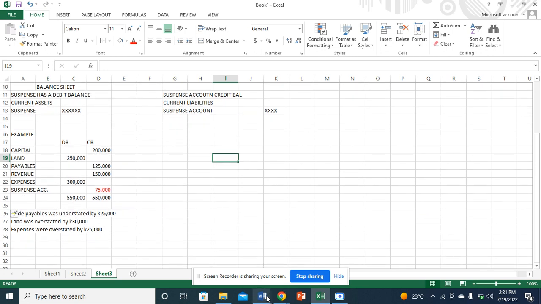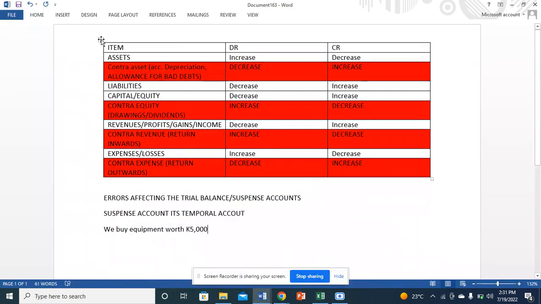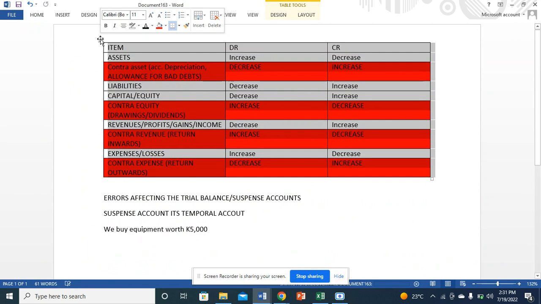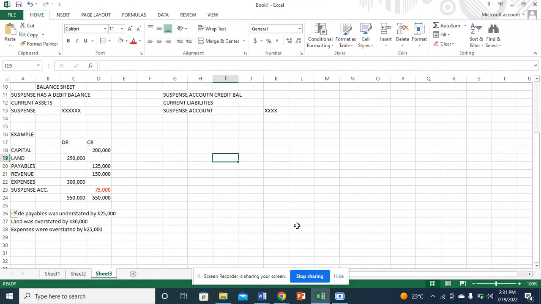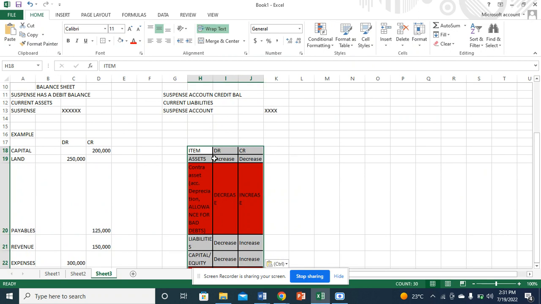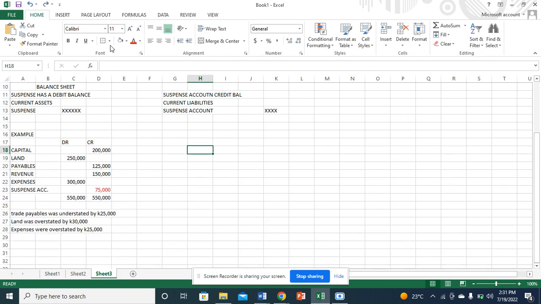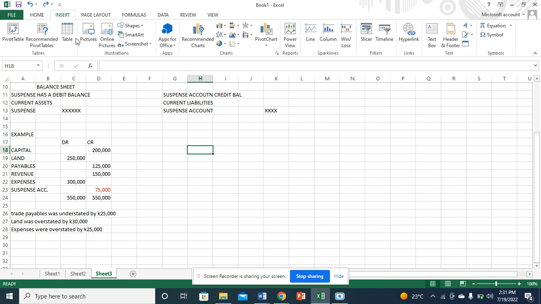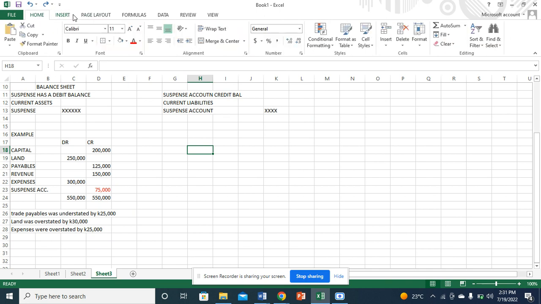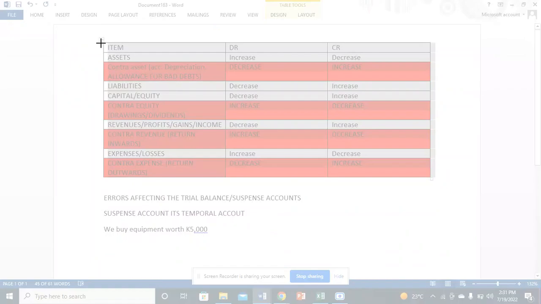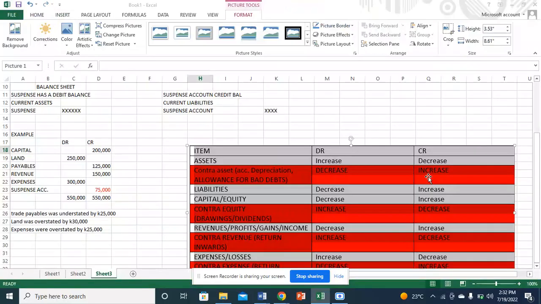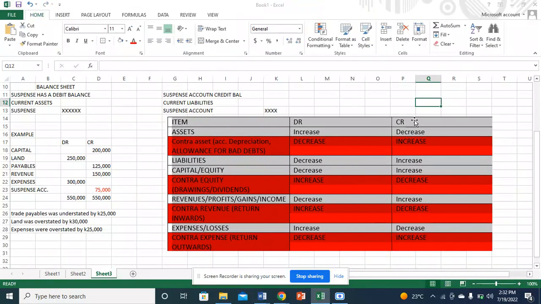All right. So let me just get the table for the double entry rules so that we see what is happening here. Okay, so here are the double entry rules we have to follow.